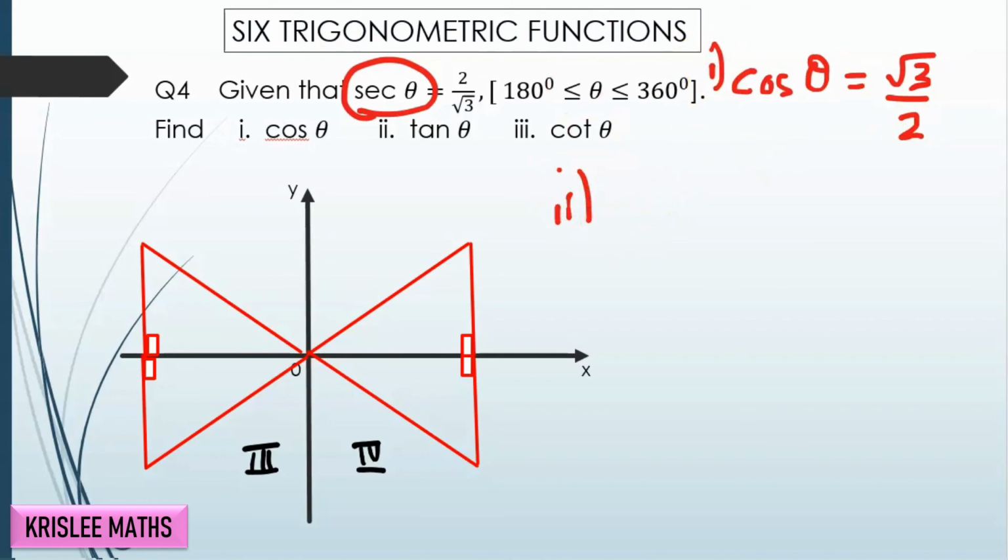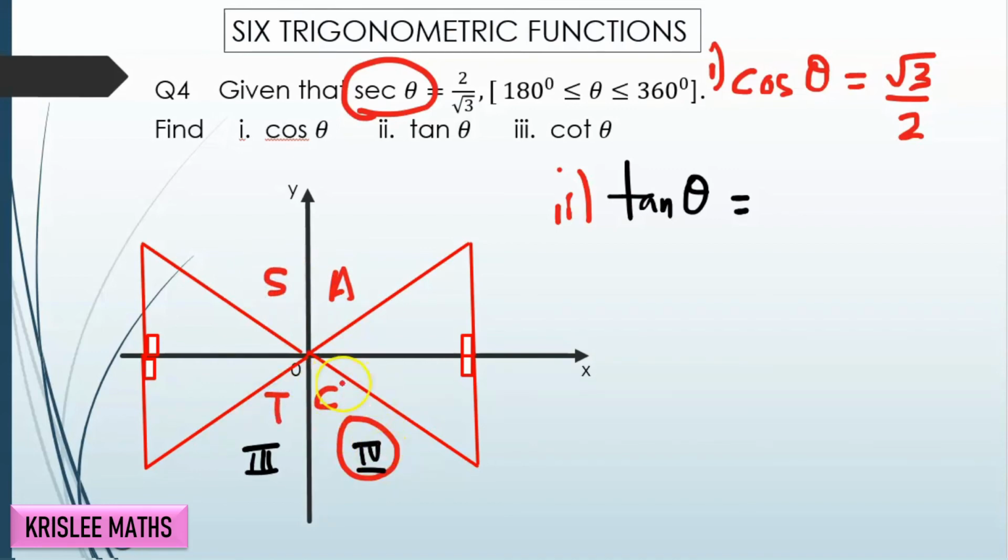Next, you are asked to find tangent theta. In order to find tangent theta, you need the right angle triangle. Here cos theta equals a positive value. Between quadrant 3 and quadrant 4, cos is positive in the fourth quadrant. Remember, add sugar to coffee.